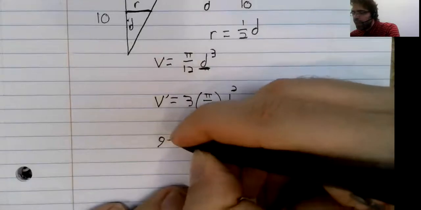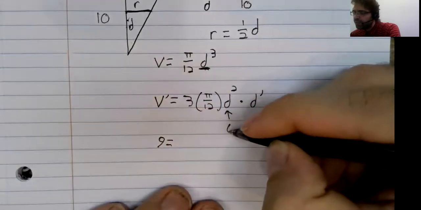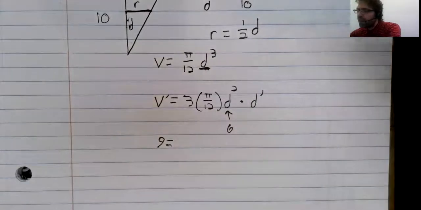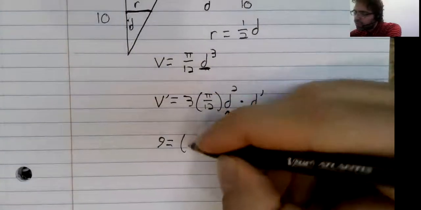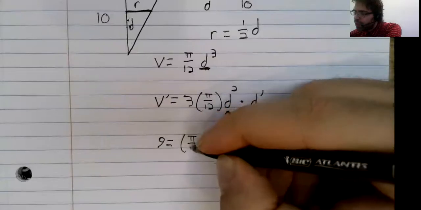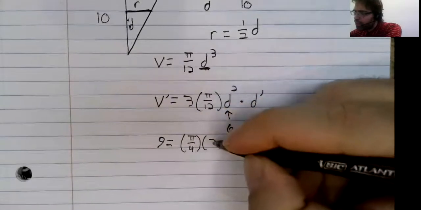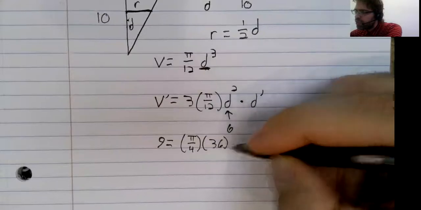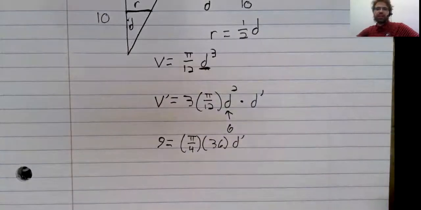And we've got the derivative of volume, which is 9. So 9 equals 3/12 pi over 4 times 36 times d prime.